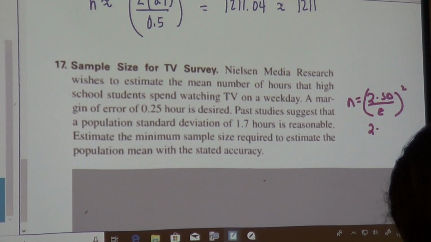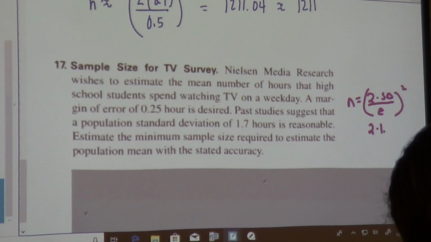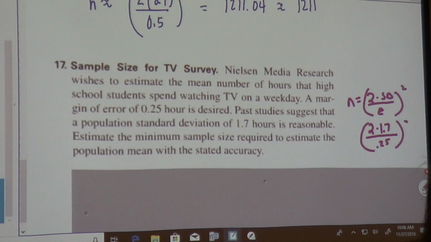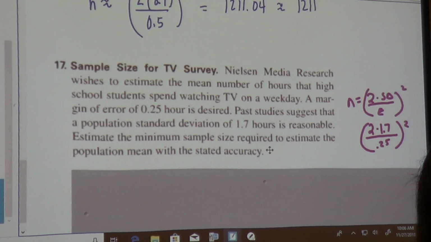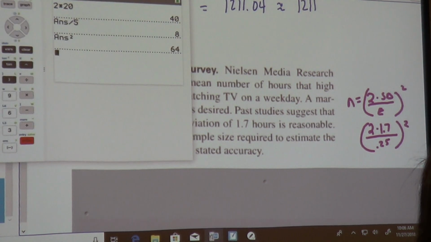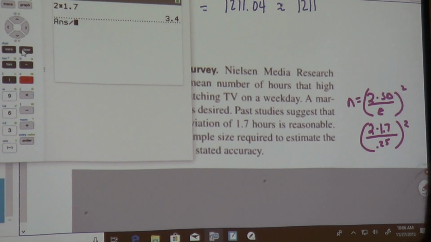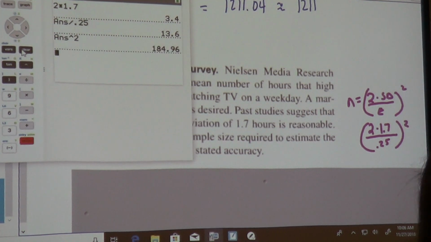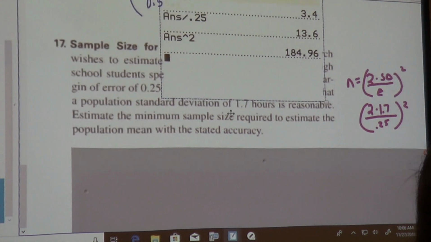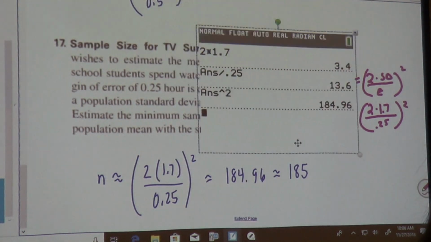So 2 times 1.7 divided by 0.25, squared. So if I come to my calculator, I'm going to do 2 times 1.7, get an answer, divided by 0.25, get an answer, and then square it. So how many people would I ask? 185.